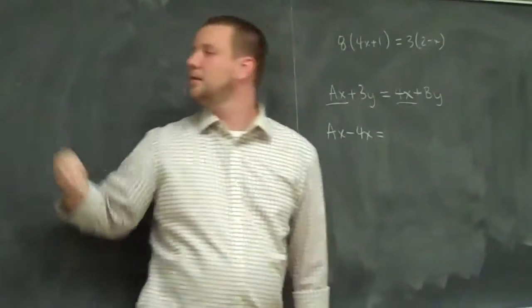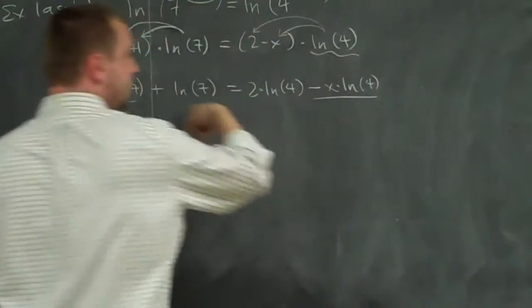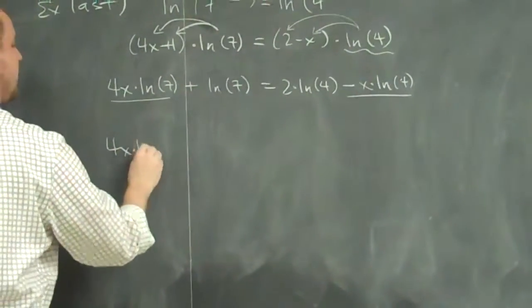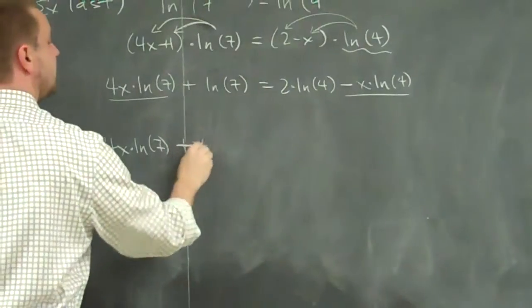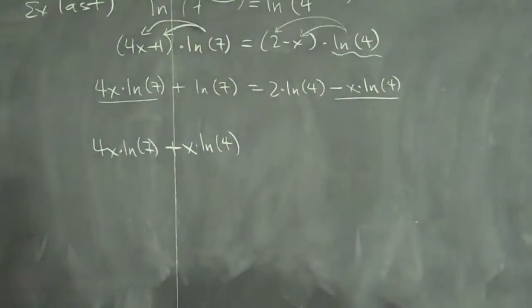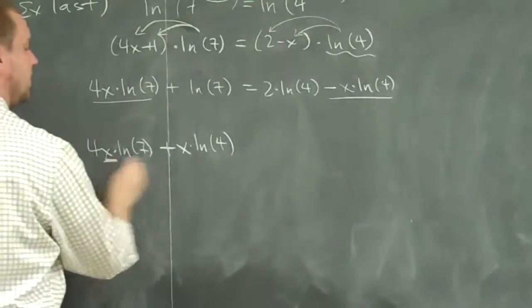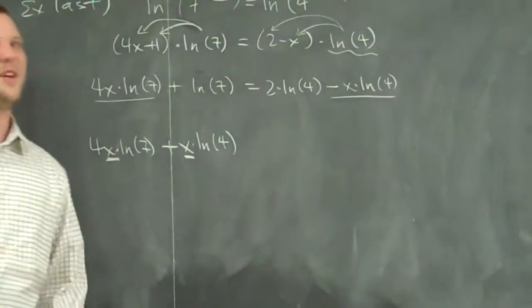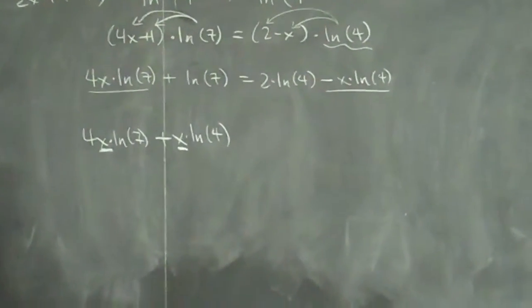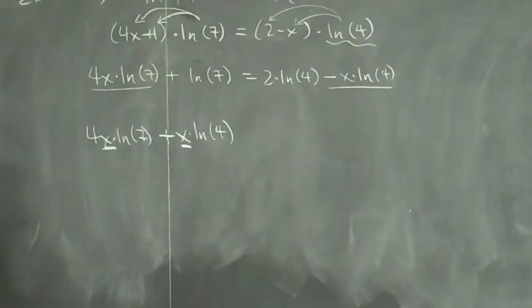Same thing here. I'm going to add this guy over. I'm going to have 4x times the natural log of 7 plus x times the natural log of 4. Okay, they both have an x, but they're not really nice enough terms that combine super nicely. Okay?